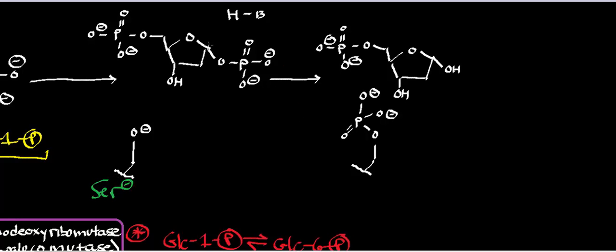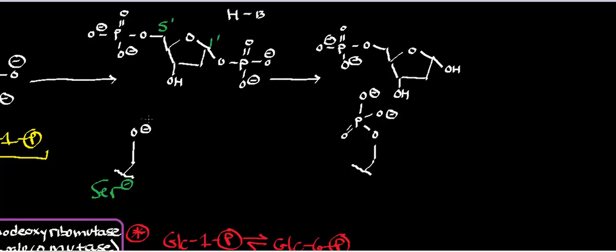Now what you have is 1,5-diphosphodeoxyribose, because you have a phosphate on the 1' position, which is right here, and you also have a phosphate on the 5' position. In the next step, we're going to re-abstract that phosphate, but this time from the 1' position.